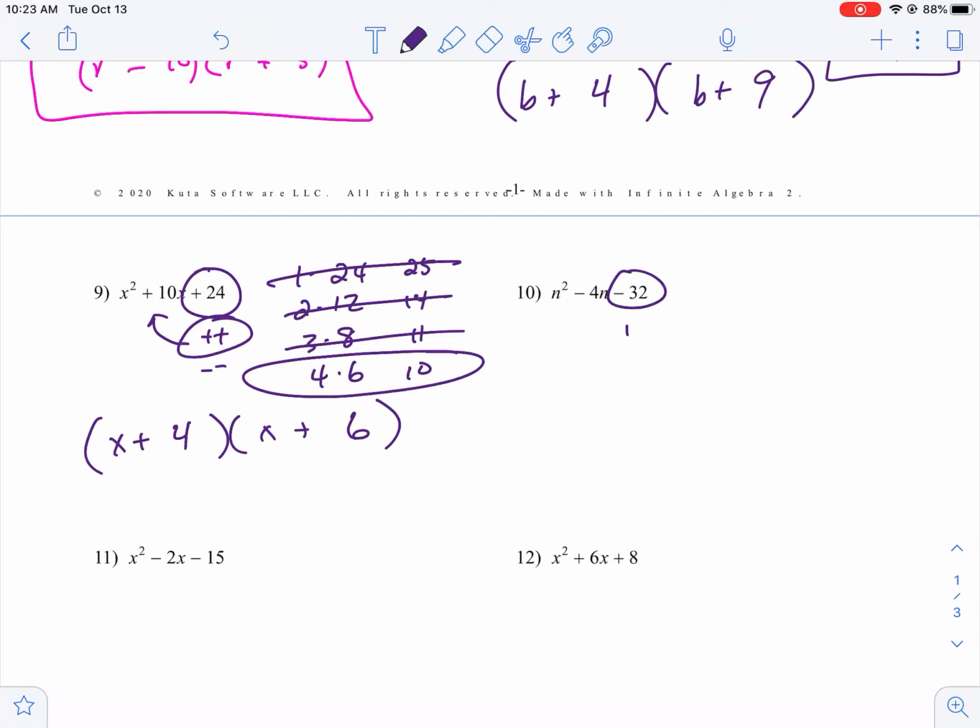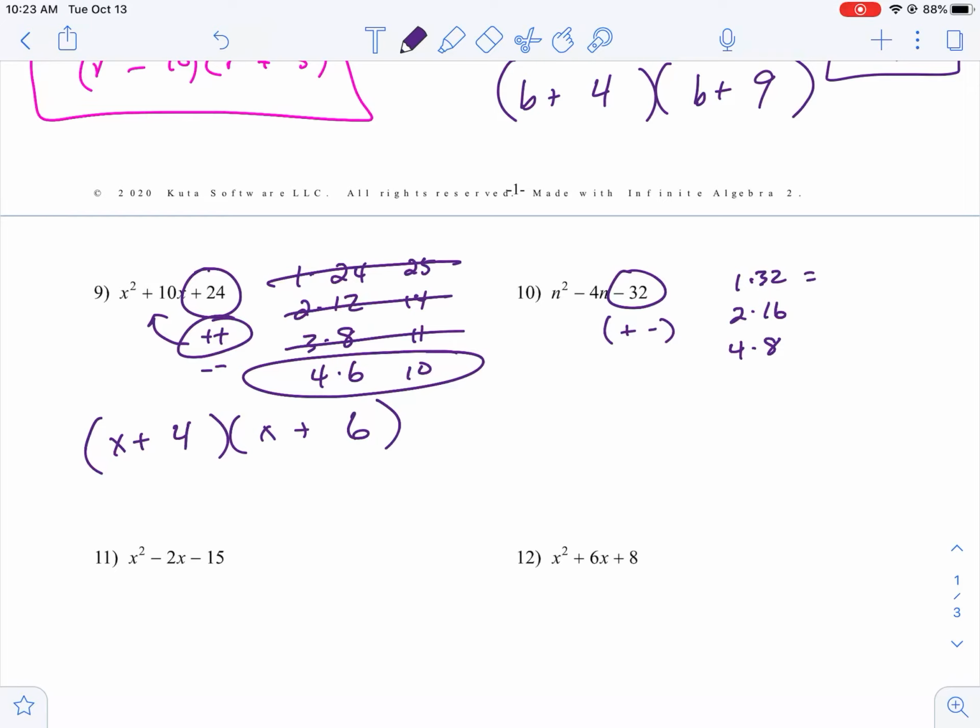32. It's negative. So 1 is plus, 1 is minus. Okay. 1 times 32, 2 times 16, 4 times 8, 5 doesn't work, 6 doesn't work, 7 doesn't work, 8 doesn't work.